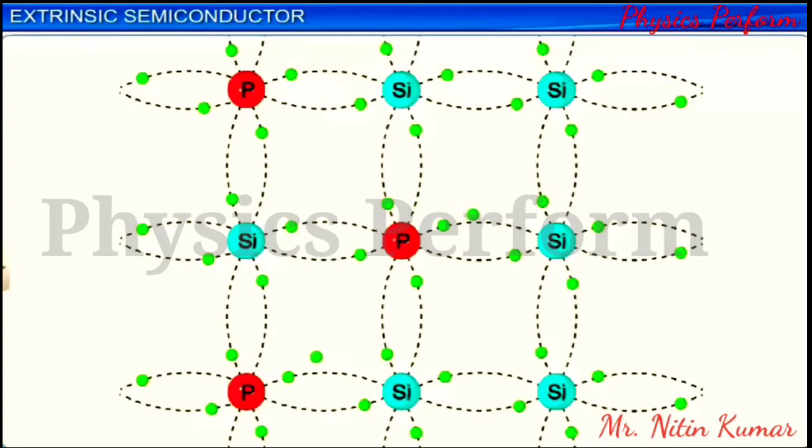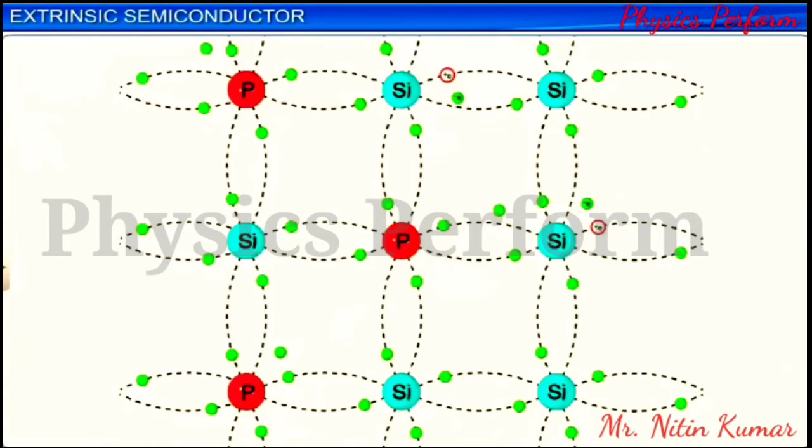This number of free electrons contributed by the donor dopants is not dependent on the temperature of the semiconductor crystal. On the other hand, if the temperature of the crystal is raised, the number of intrinsic electron-hole pairs increase, and this further adds to the conductivity of the crystal.